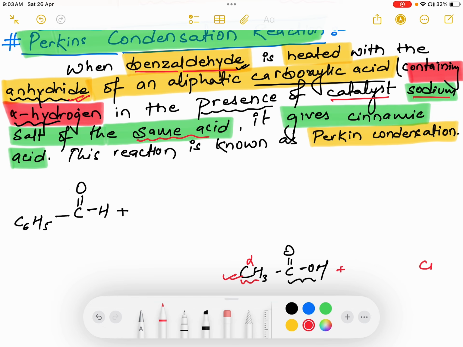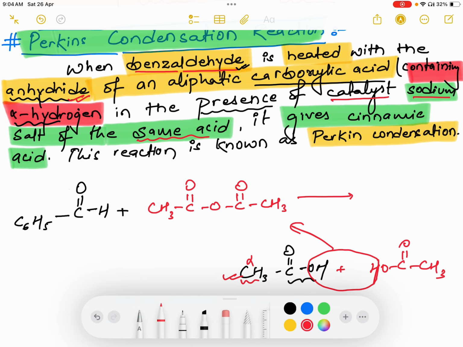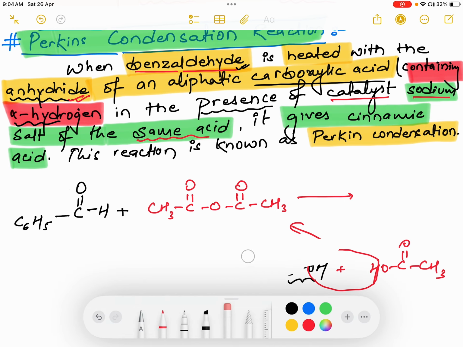If I take two carboxylic acids, CH3COOH, this H and this OH group will come out, and it forms CH3CO-O-COCH3. This is what we call an anhydride. I did this just to show you how the anhydride is formed.